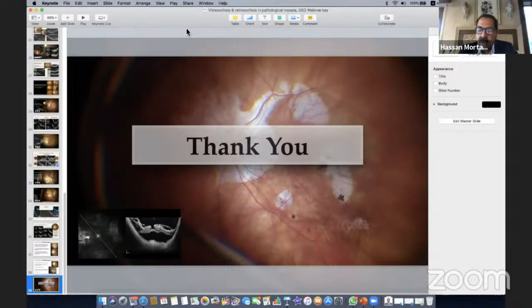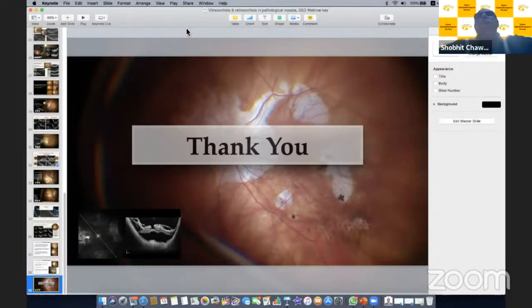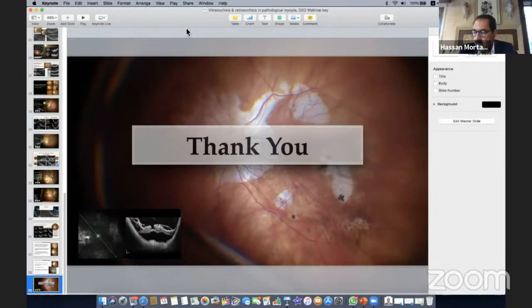I think in this way you can manage. I'm using what is produced by Oculus. It's called the high definition non-contact lens. It is used for both the macular work and the peripheral work.